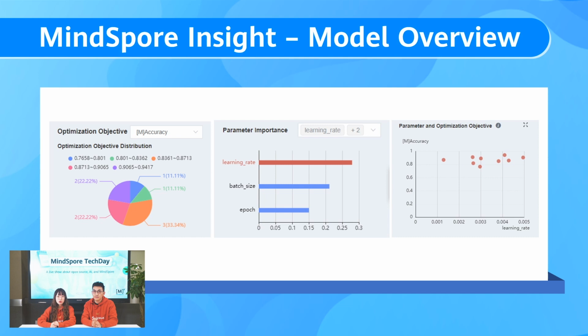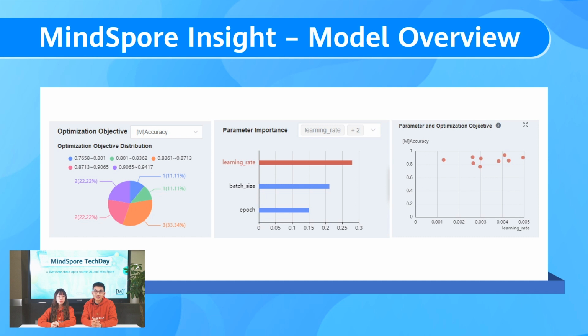Thank you for the demonstration, Harry. Model lineage seems like a powerful tool for tracking model parameters and understanding their importance in optimization. Could you also provide more details about dataset lineage and how it complements the model lineage function in MindSpore Insight?